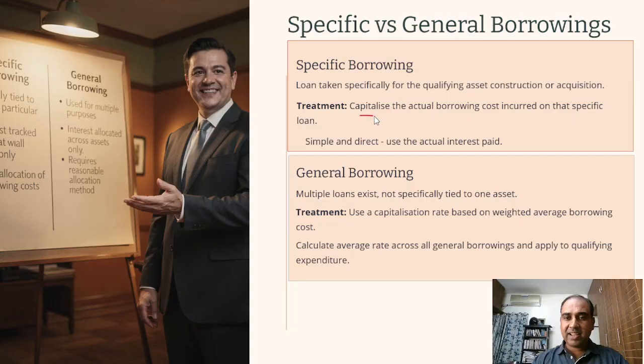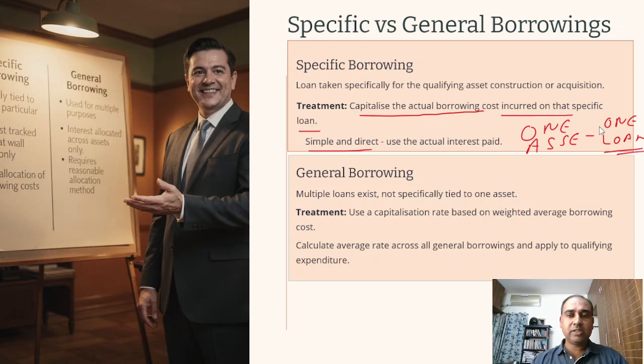Capitalize the actual borrowing cost incurred on that specific loan. In case of a specific loan, it is very simple and direct because there is only one asset and one loan. So all the borrowing cost incurred with respect to this loan for this asset can be capitalized, provided the three conditions are met.